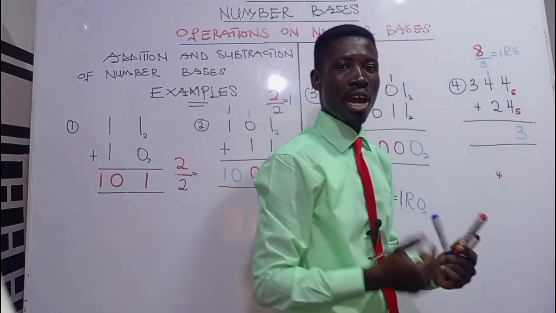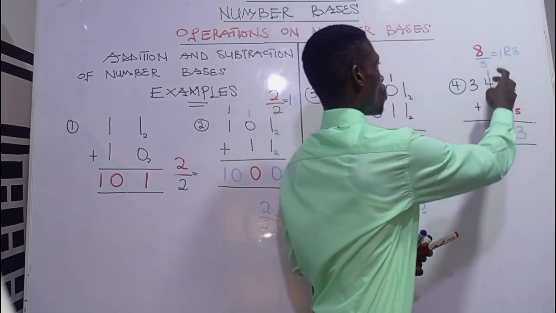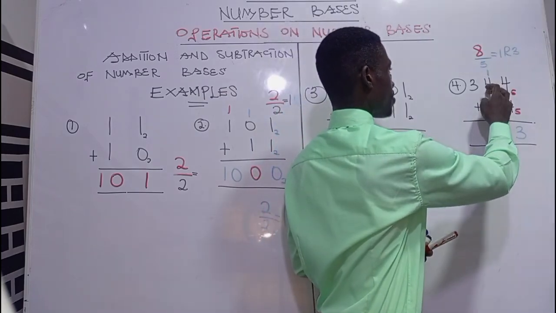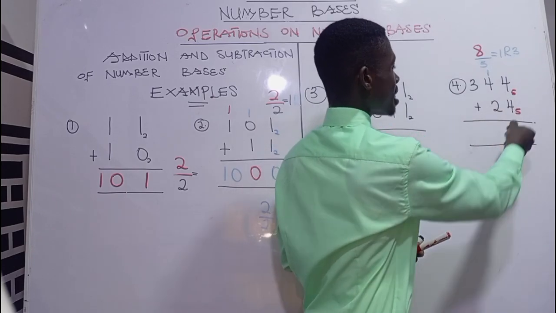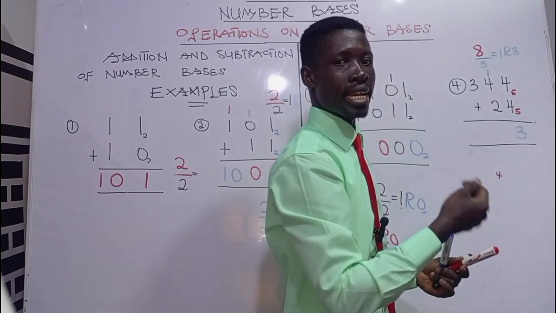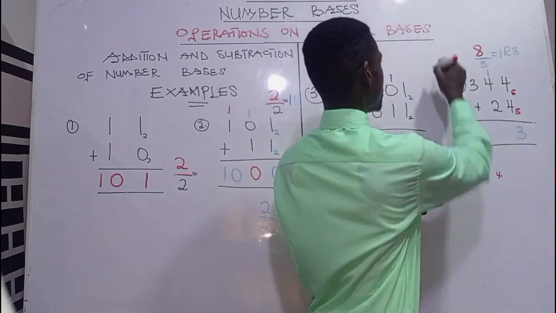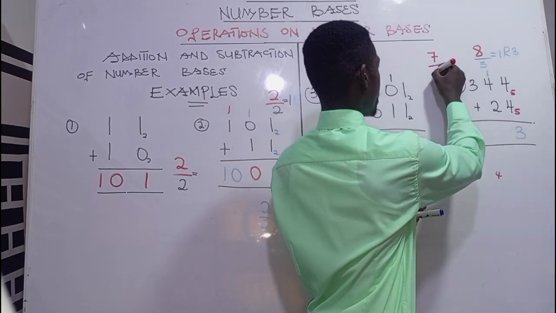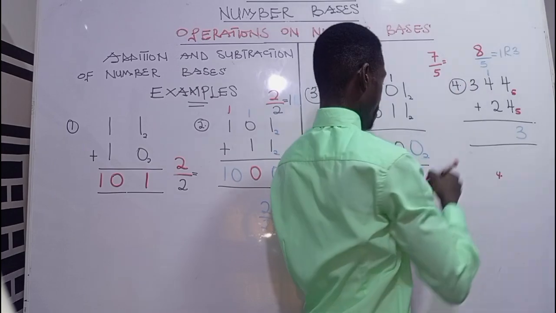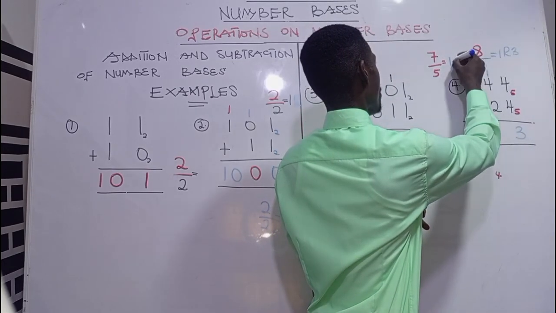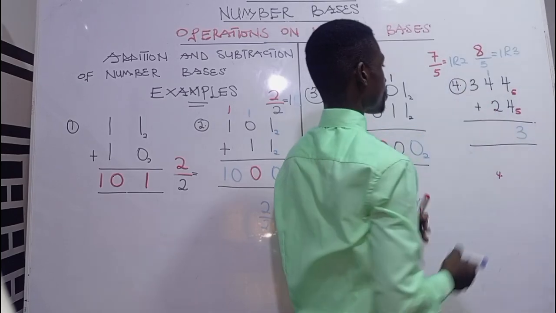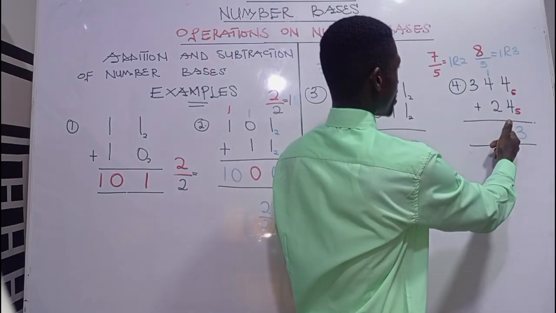Then we continue with our addition. 1 plus 4 will give us 5. 5 plus 2 will give us what? 7. But 7 is greater than the base we are working in. So we divide it by the base we are working in, by 5. And 5 into 7 will give us 1 remainder 2. So we are going to write the remainder here.